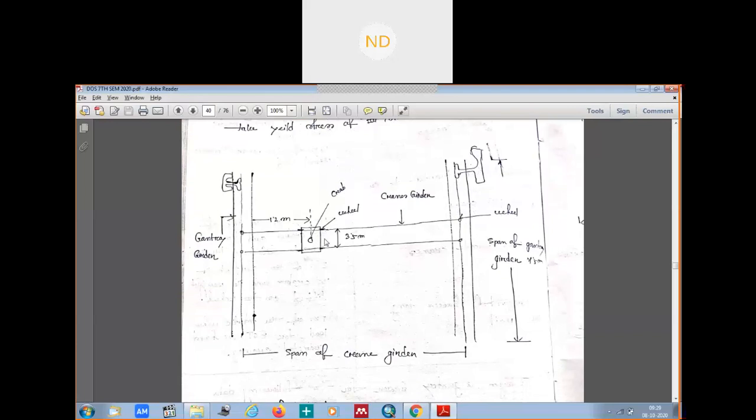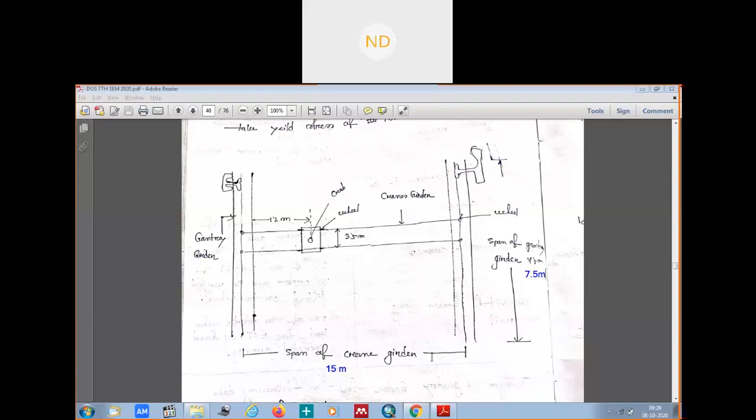Now from the question, the wheelbase is 3.5 meter. Wheelbase is the distance between these two wheels. The minimum approach was given to us to be 1.2 meter. Then we have the span of the crane girder, which is 15 meter. The span of the gantry girder is 7.5 meter.